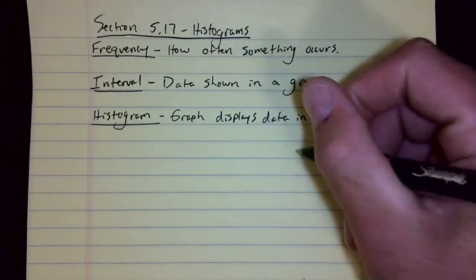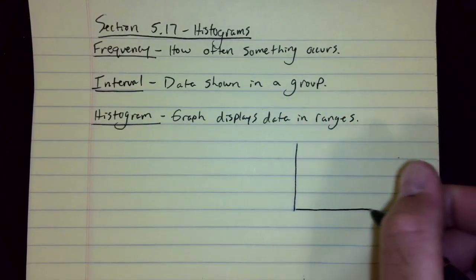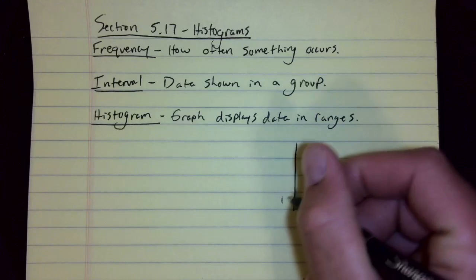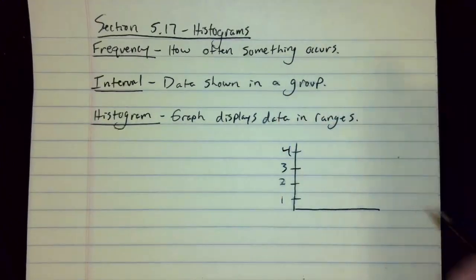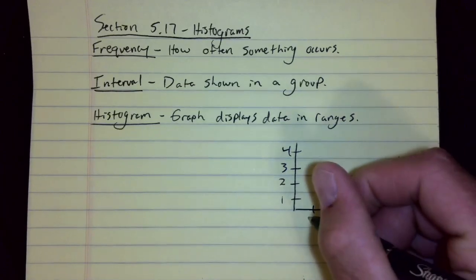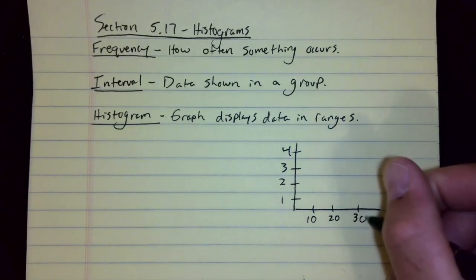So, for example, we'll see something like this today, where you draw a graph, and we'll just go 1, 2, 3, and 4. And we'll go 10, 20, and 30.